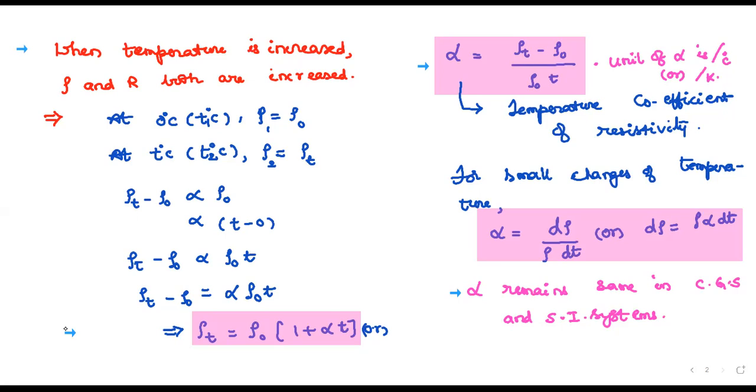But if the initial temperature is not 0 degrees Celsius, and I want to increase the temperature from 25 to 225, shall I use the same equation there, like rho 2 minus rho 1 upon rho 1 into T2 minus T1? Then I say no.